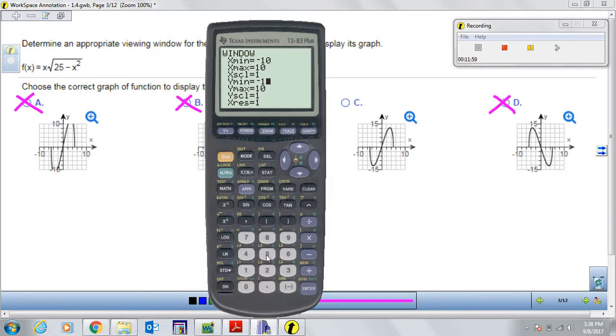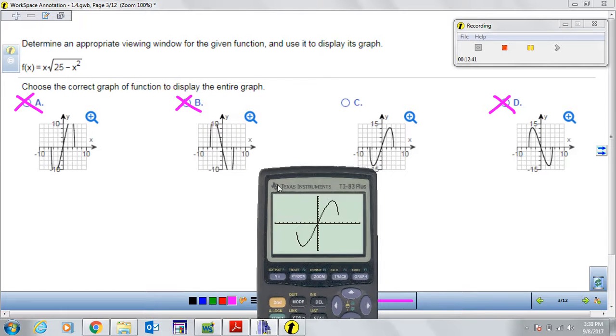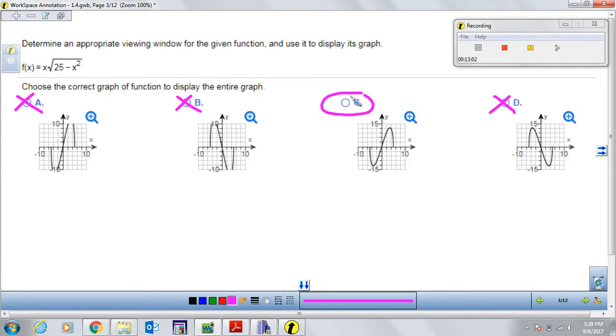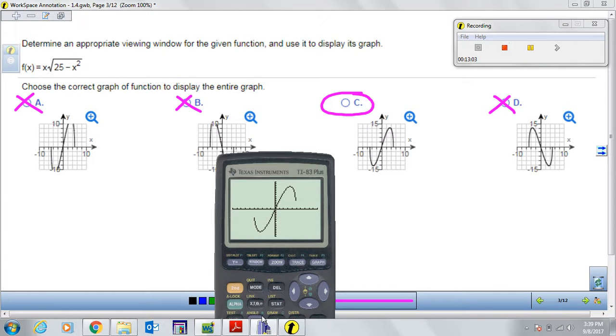And of course, that's what you would want to change, instead of negative 10 to 10 to negative 15 to 15, because the only thing we don't see is the top part of the curve or the bottom part of this curve, the maximum or the minimum of this curve. And if you do a bigger range that shows you more y values, from negative 15 to 15, you can appreciate better those pieces on the graph. And so yeah, that's the only one. The rest of them could not even get close to what the graph of this function should be.